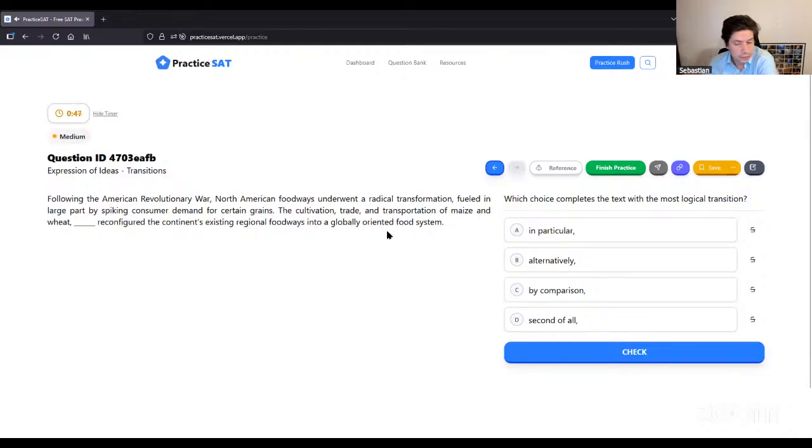A radical transformation fueled in large part by spiking consumer demands for certain grains. The cultivation, trade, and transportation fueled in large part by second of all, let's see what happens here.